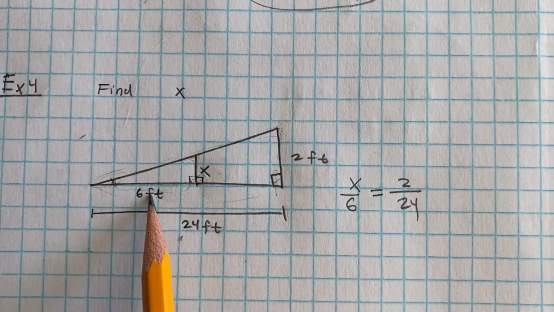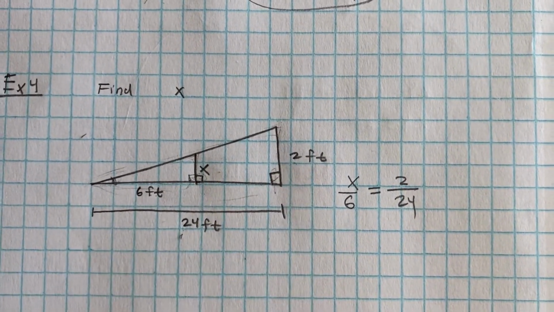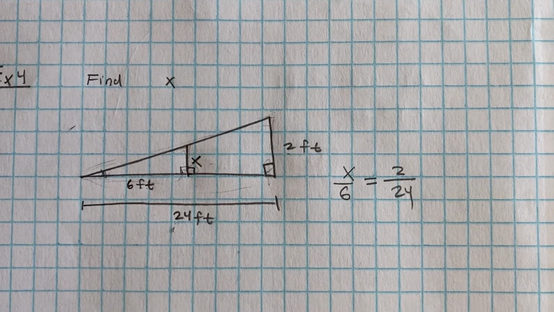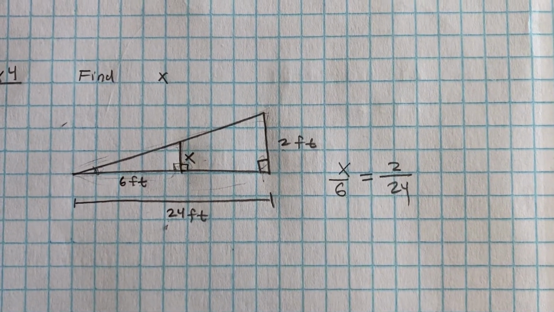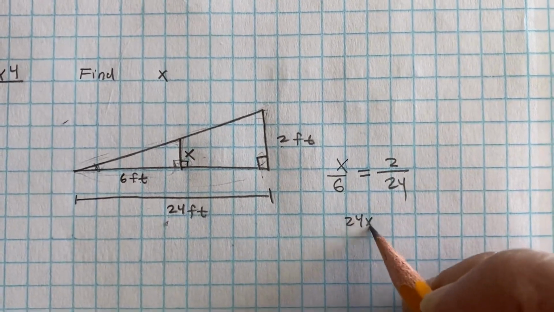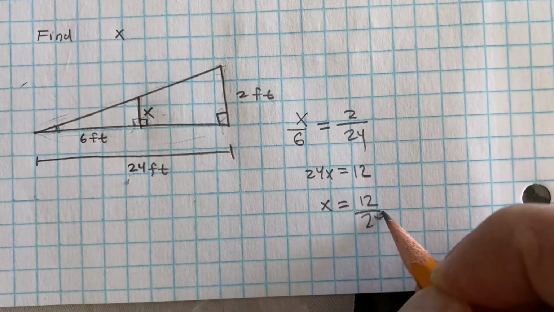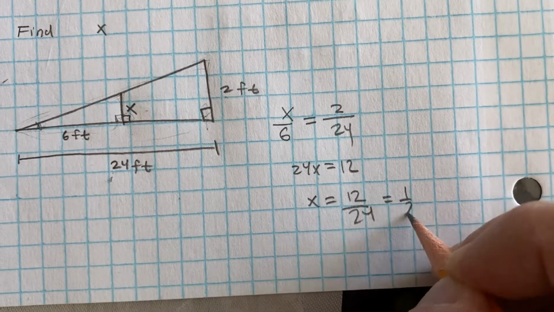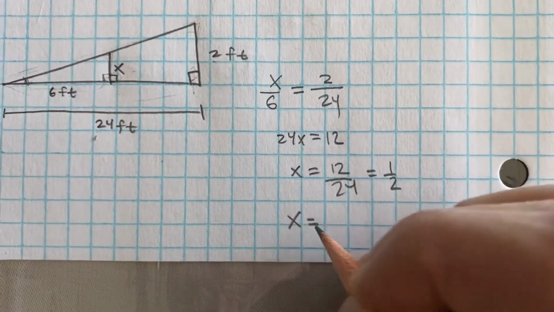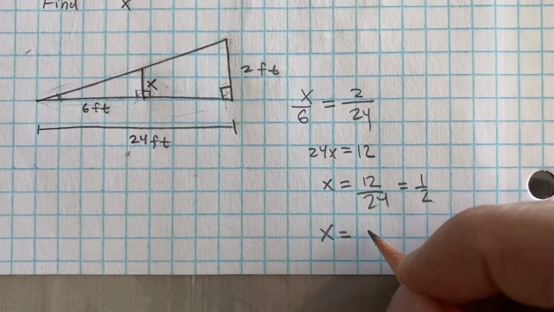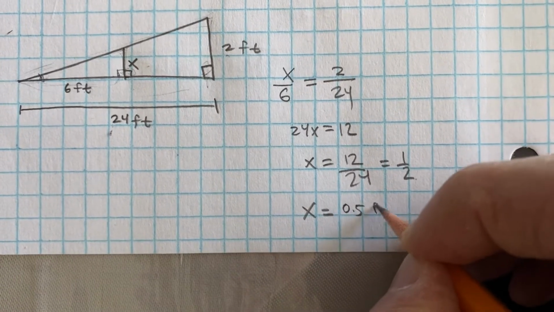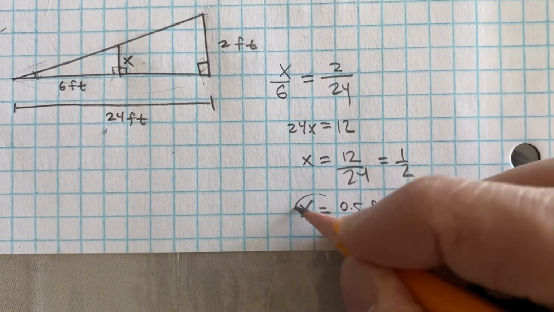Okay, so you could have gone 6 is to x, is 24 is to 2, it doesn't really matter. And then, of course, you can cross multiply and solve. Okay, so 24x is equal to 12, x is equal to 12 over 24. Make sure you write down units. The 1/2 is 1/2 feet. Okay, so 0.5 feet will be my final answer.